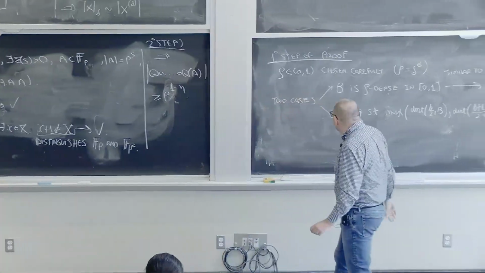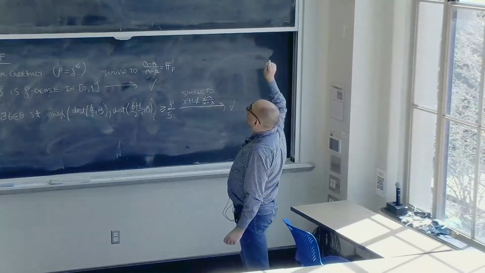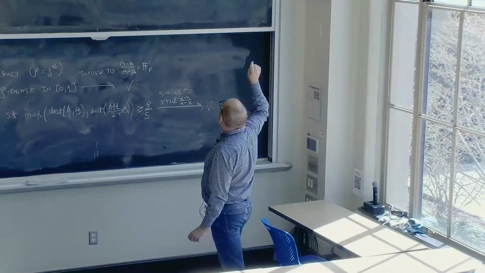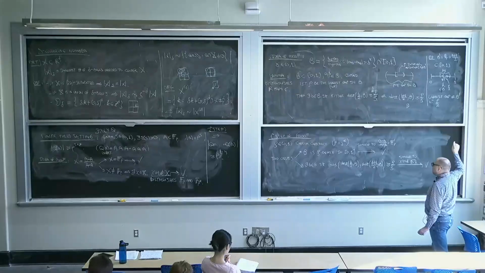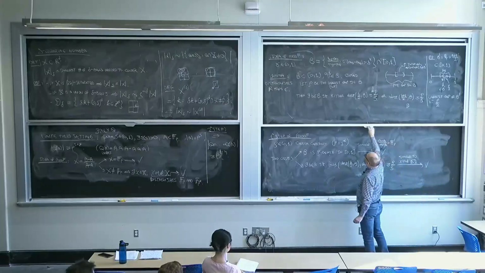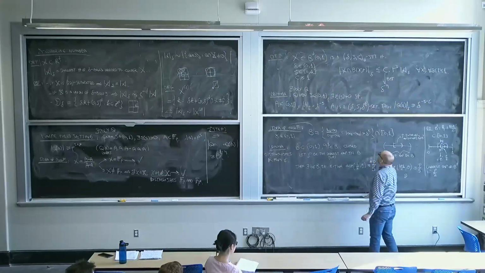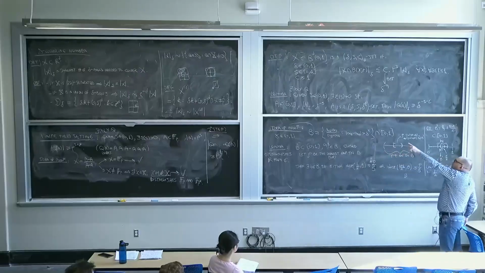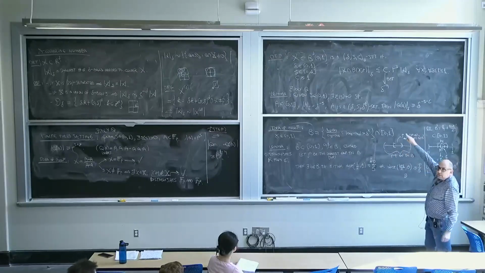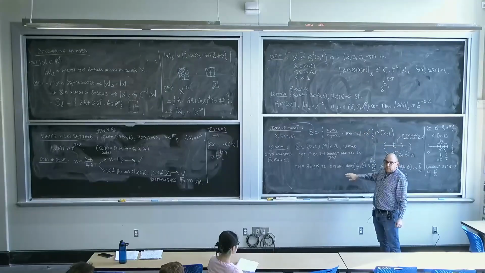OK, so now let's go back to, sorry, did I ever state, oh, here it is. Here is the lemma that I told you we can prove using this idea.